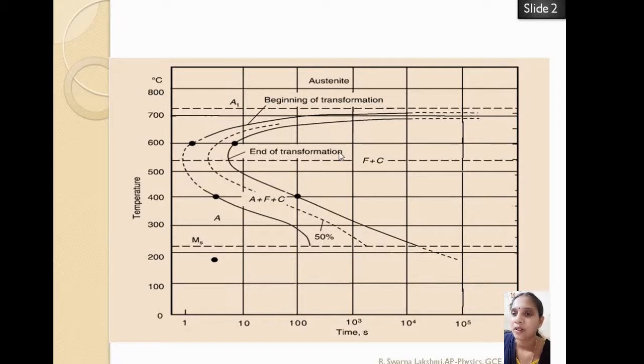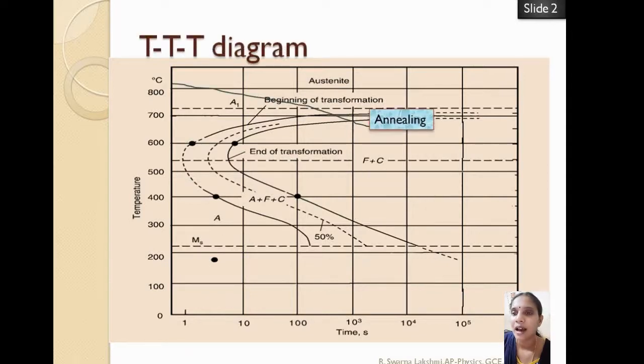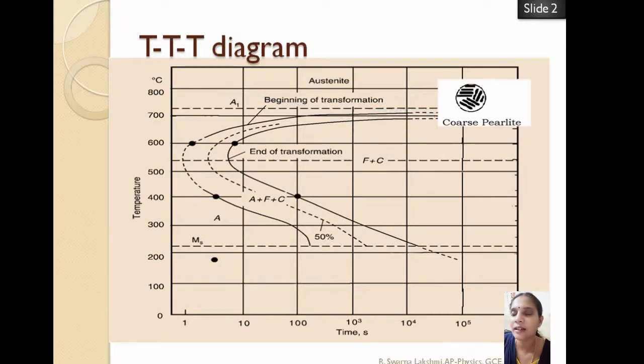As we have seen from the heat treatment processes, annealing is very slow cooling, starting from temperatures above the eutectoid line or the A1 line. If we cool the sample at a very slow rate, then annealing is said to happen, that is furnace cooling, and the resultant microstructure is coarse pearlite.